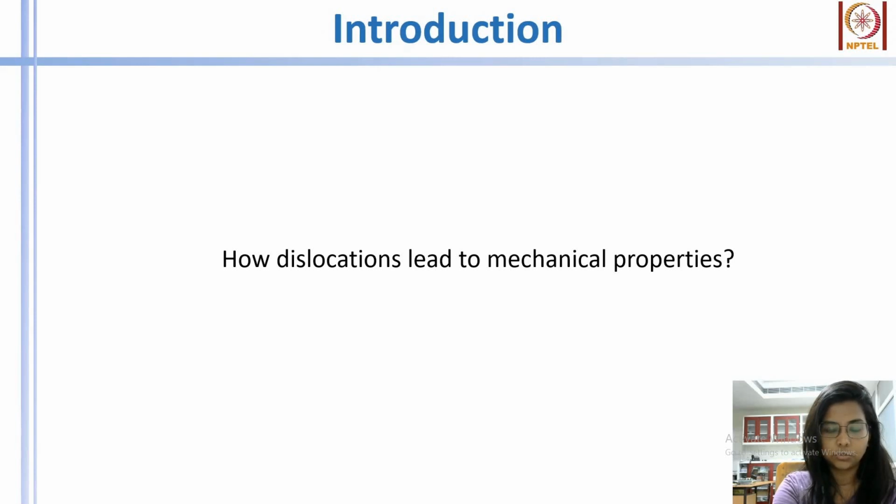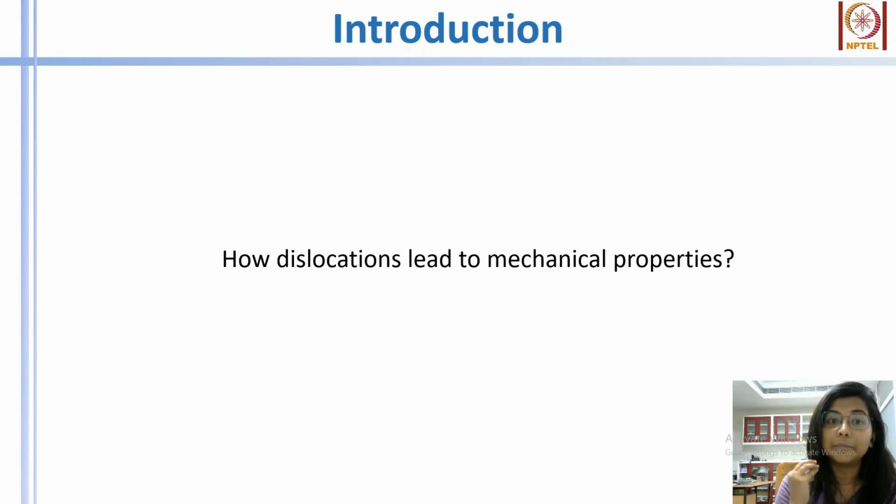Okay, so what are dislocations? Why exactly do we need to study dislocations? Because dislocations can give us information about the properties of materials. It can indicate the properties of materials, and what type of properties?